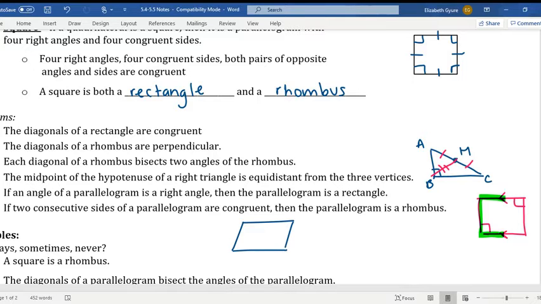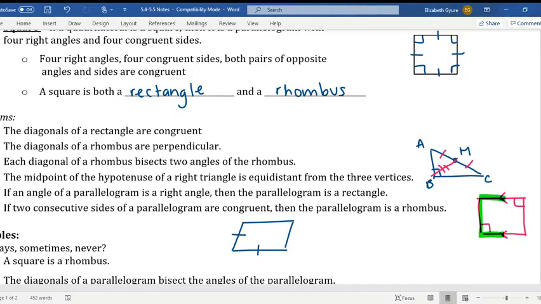So consecutive means the ones adjacent to each other or next to each other. So if it's a parallelogram, you already know that opposite sides are congruent, right? I know this diagram's not drawn to scale, but that's okay. If I tell you the consecutive ones are congruent, that's what I mean.